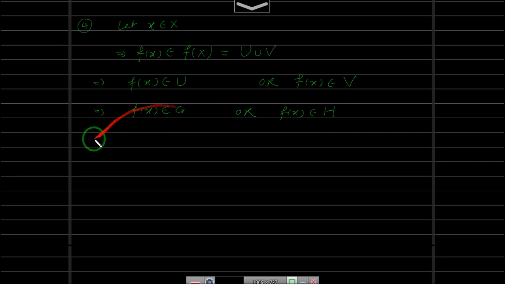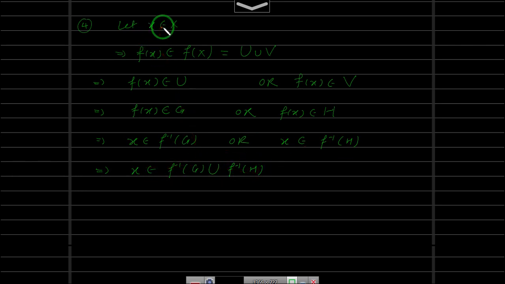So if f(x) belongs to G, of course that point x will be inside the inverse image of G, or that point x will be inside the inverse image of H. This implies x will belong to either f inverse of G, or f inverse of H. So it is in the union.